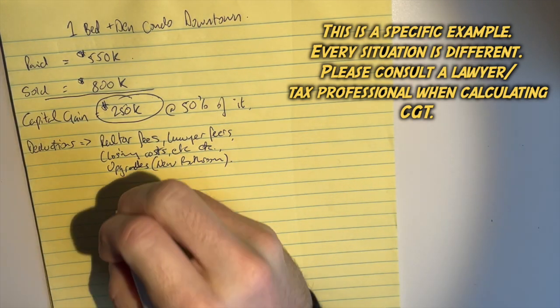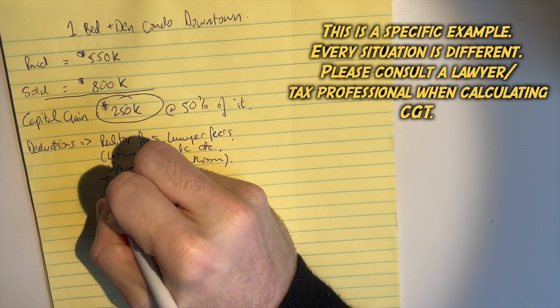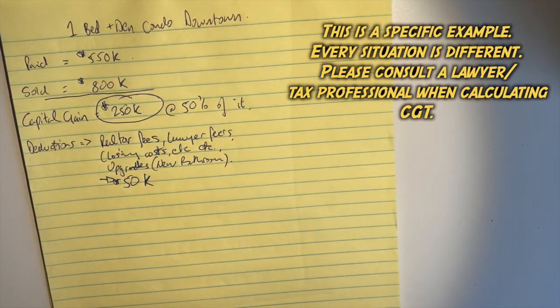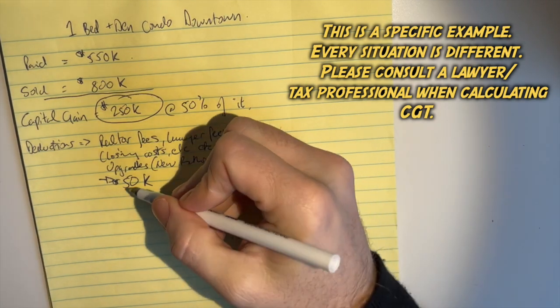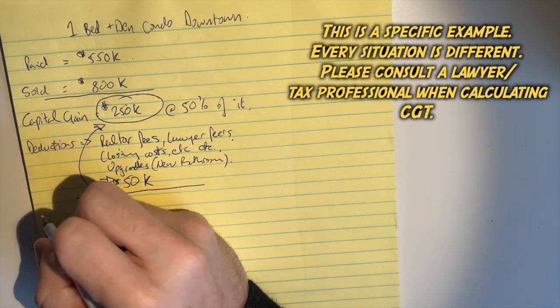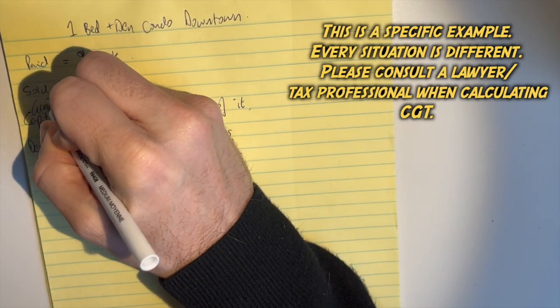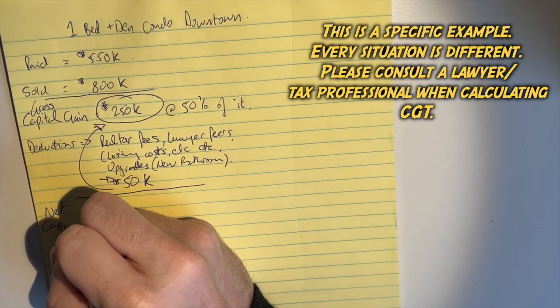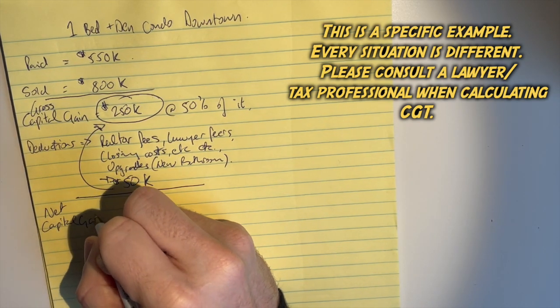Let's say all those together equal about $50,000. Those were your deductions. So this $50,000 you can take away from this. So that was your gross capital gain, and this is your net capital gain.